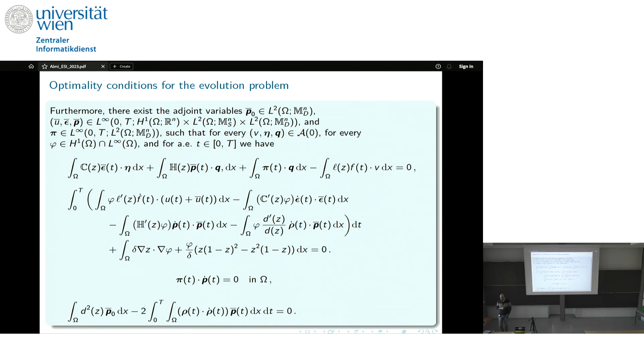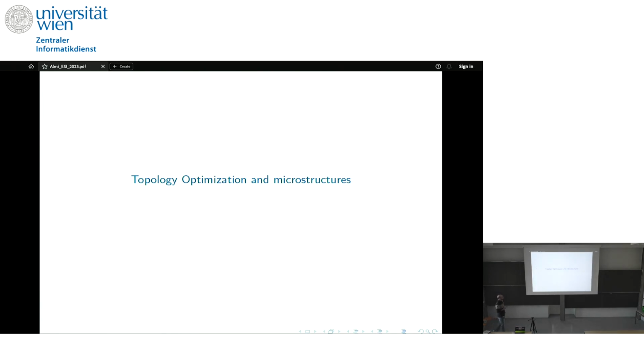Okay, and I would like instead to pass to a second application that is topology optimization in the case of microstructures. So here we go back instead to elasticity only, linearized elasticity. So we don't care anymore about plasticity, and we have still a phase field approach.